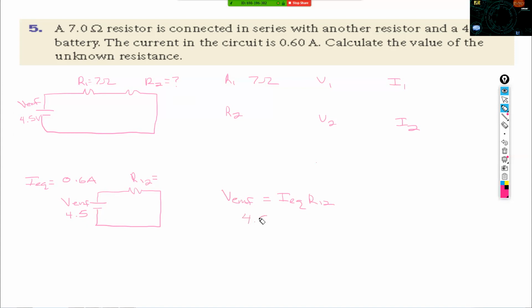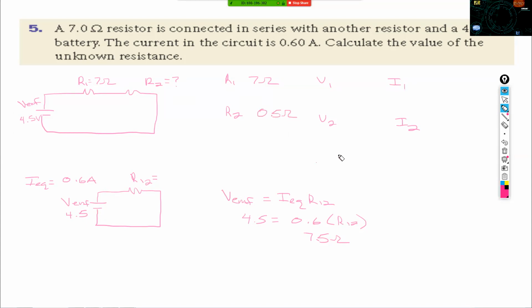So 4.5 equals 0.6 times that resistance. And so the equivalent resistance for this case would be 7.5 ohms. That tells me, because they just add up when they're in series, that this is 0.5 ohms.